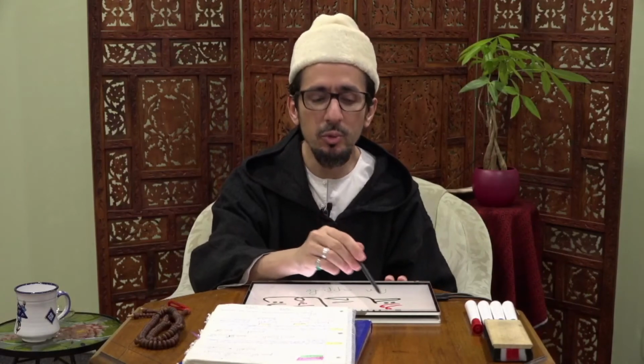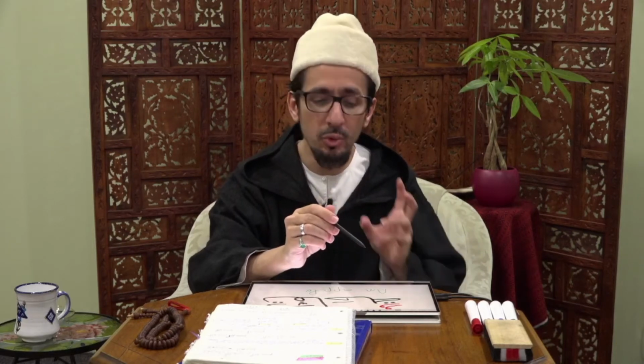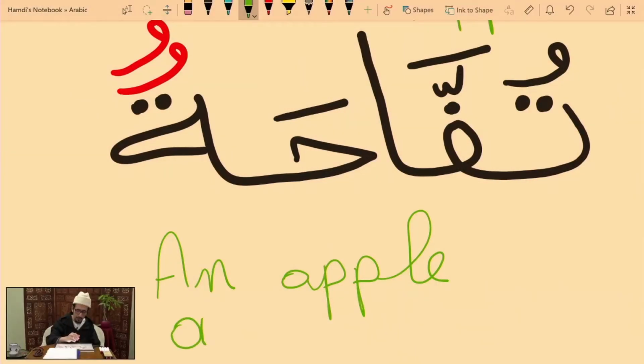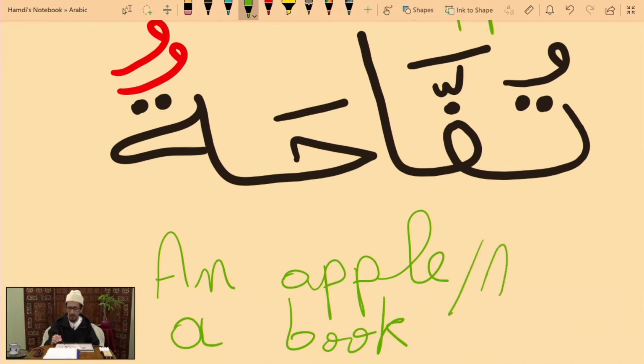Don't forget that originally they did not double the movement, they used to add noon with sukoon at the end, called the noon of the indefinite. So it's like the tool a or an in English. A book, an apple. In the plural, it will be apples, books.